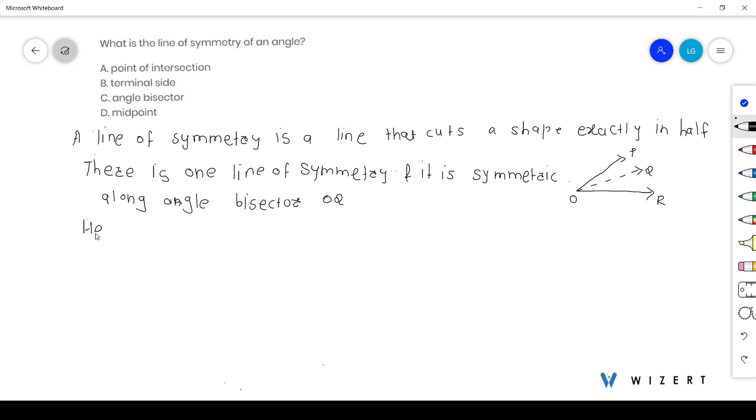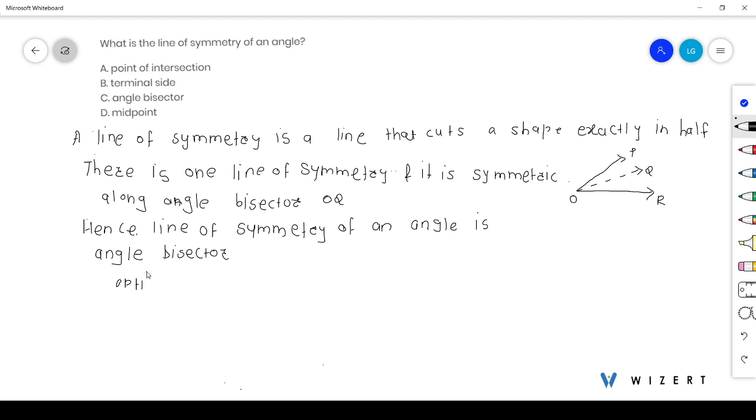Hence, the line of symmetry of an angle is the angle bisector, which is our option C.